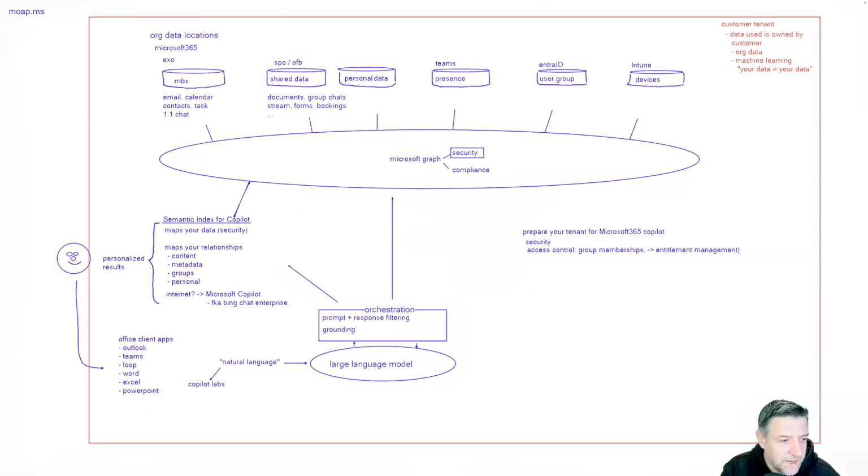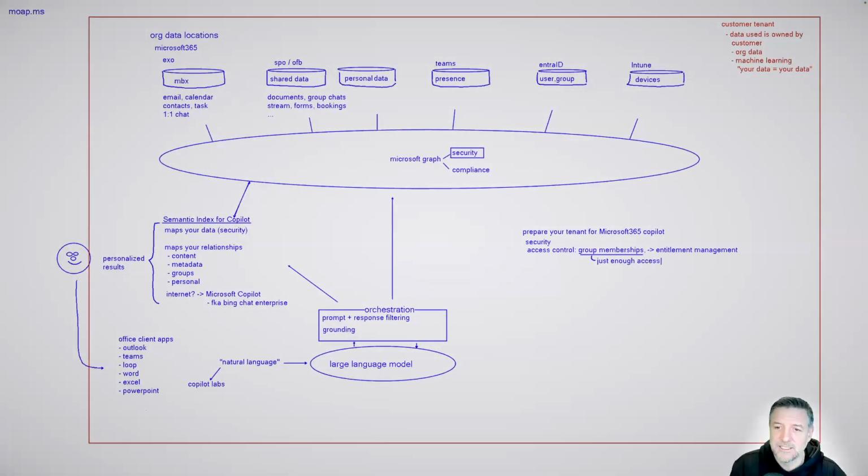Now, when we think about managing group memberships, what we want to implement is something called just enough access. But if we implement entitlement management, we are pretty much adding to the just enough access. We are going to add also just-in-time access.